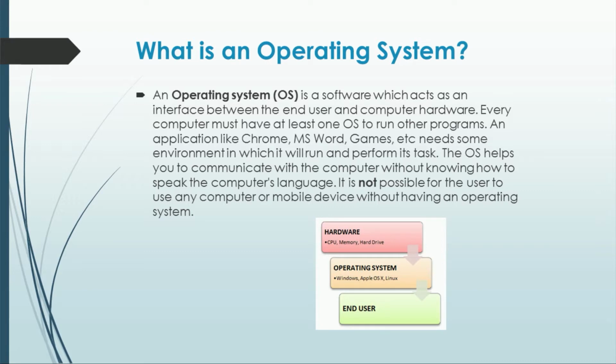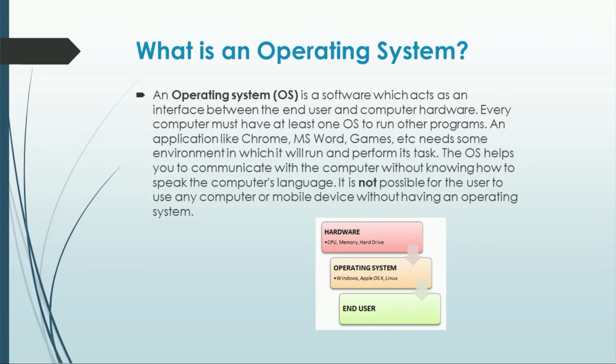First of all, I want to say what an operation system is. An operation system is software which acts as an interface between the end user and the computer hardware. Every computer must have at least one operation system to run other programs.